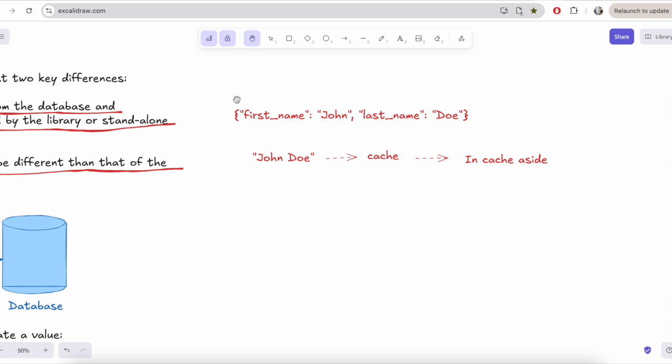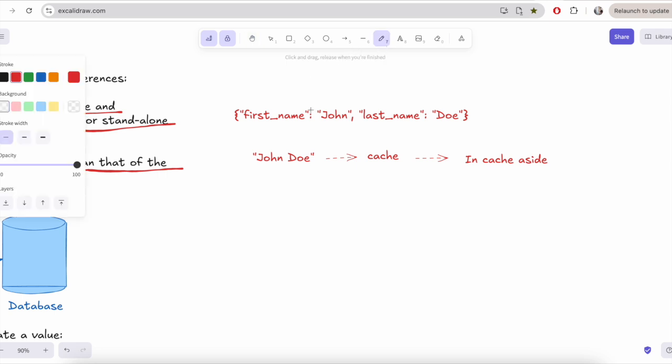As I told previously, in case of cache aside, your application is the primary entity which gets the data from the database in case of a cache miss. So let's think of an example.